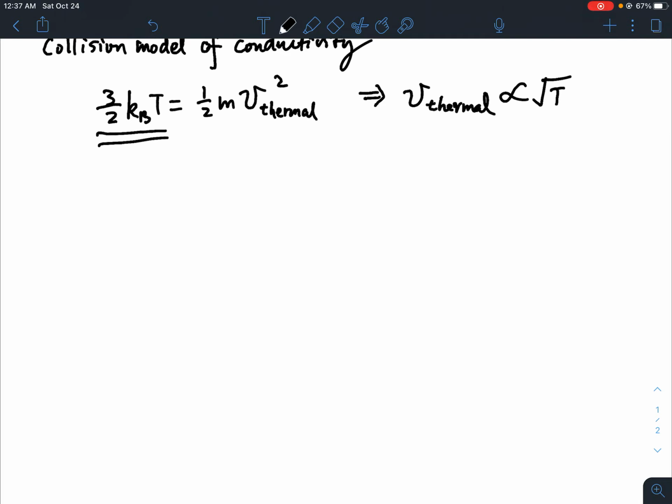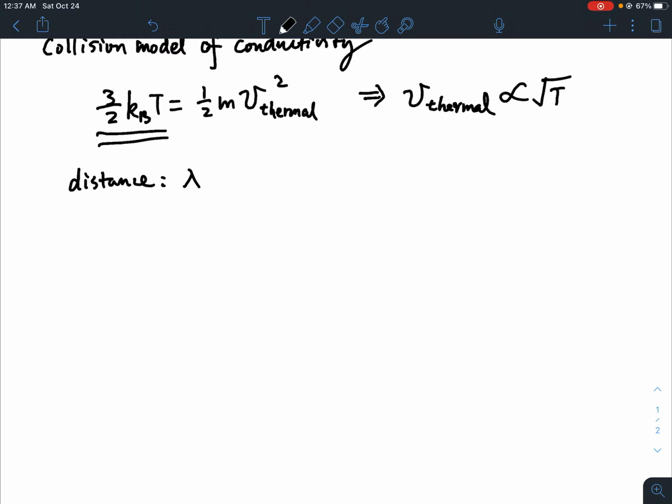Let us assume that electrons start from zero, accelerate to some energy, then hit another atom, and the speed is reduced to zero. Let lambda be the average distance between two obstacles.